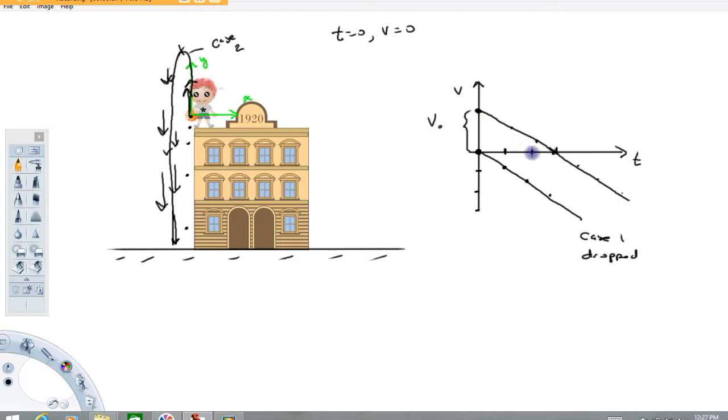Now you'll notice I've drawn these with similar slope, and it's pretty easy to show that as long as that ball or rock or key or whatever it is is fairly heavy compared to its surface area, these two cases would have the same slope. And that slope is the rate that the velocity is changing.